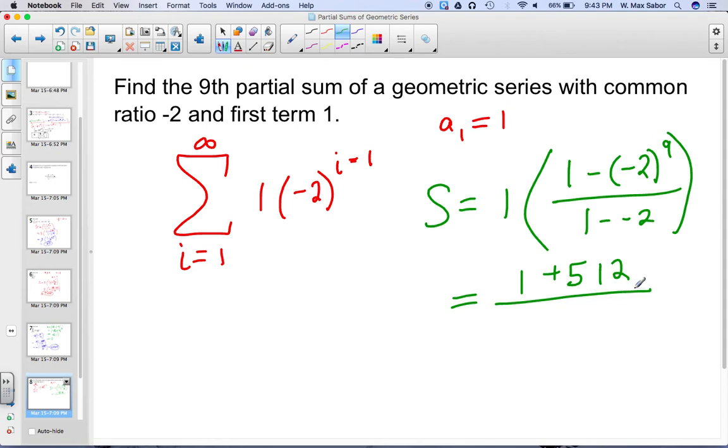Negative 2 to the 9th is negative 512 and minus a negative. And then we have over 3, so we have 513. Did I do that correctly? Yeah, 513 divided by 3 gives us 171.